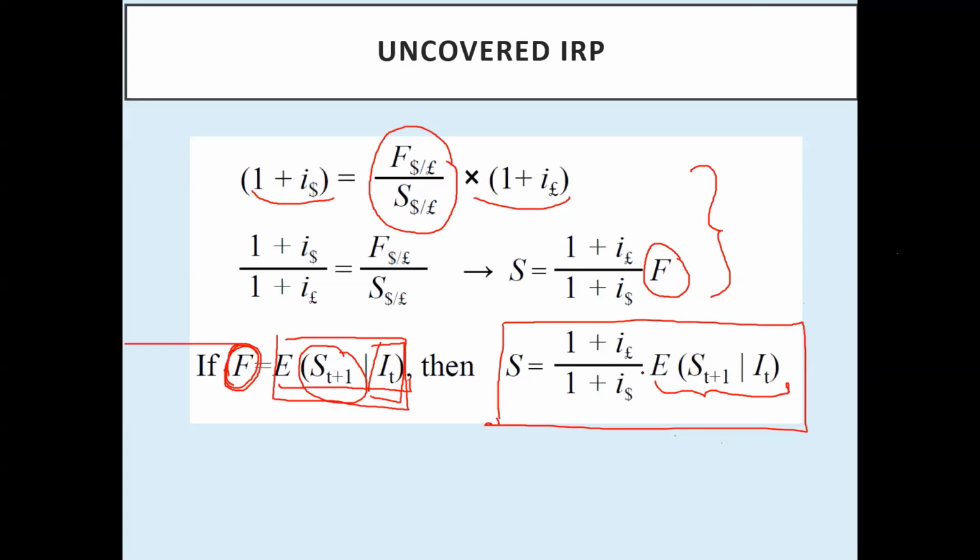So here we set the IRP with the expectation about the future. This term is not certain. In the future, the exchange rate or the value of the pounds could change, right, if we have a different expectation.